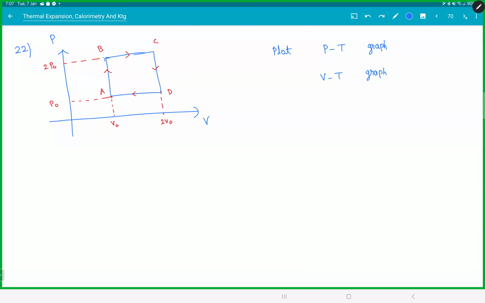Let's start with the PT graph. It's an ideal gas equation. PV is equal to nRT.